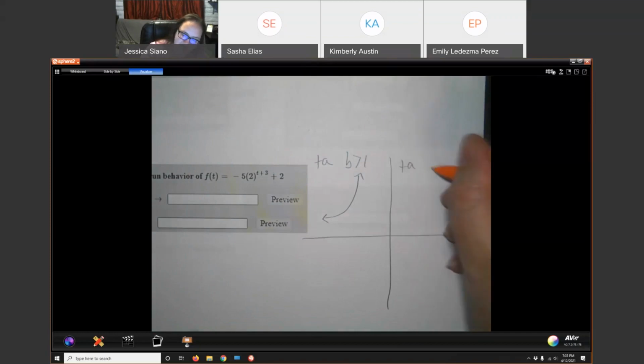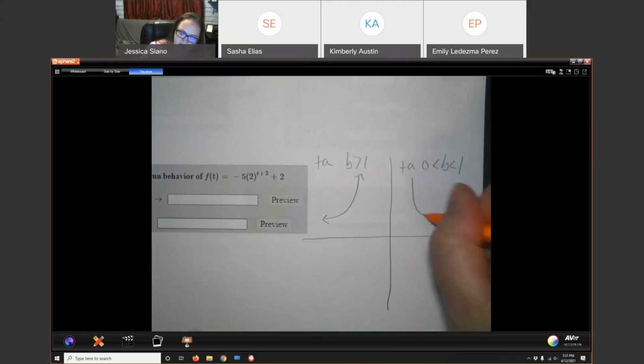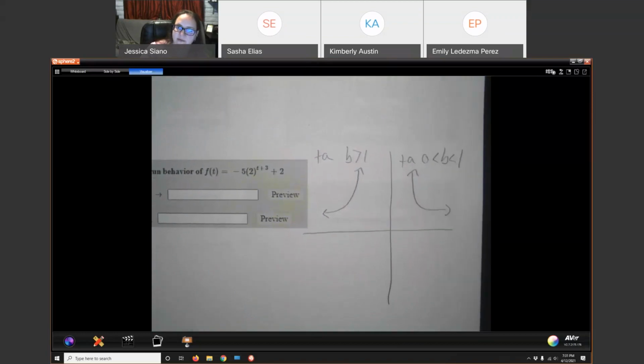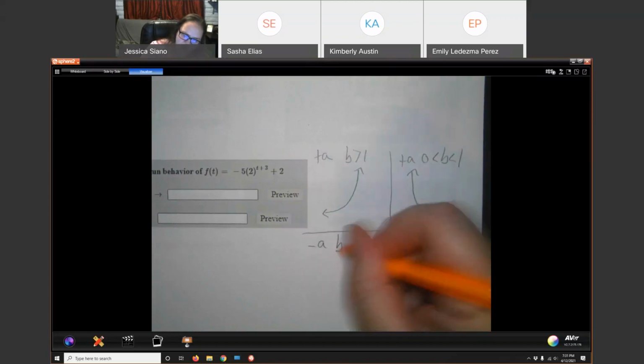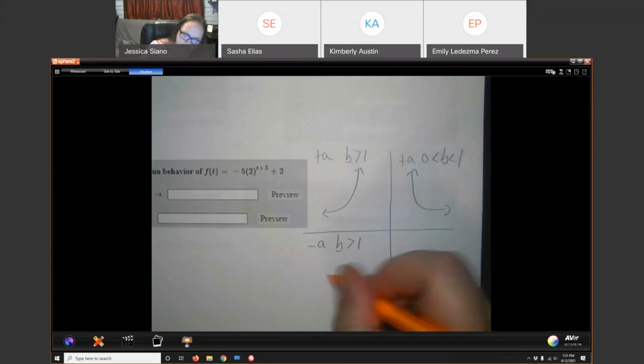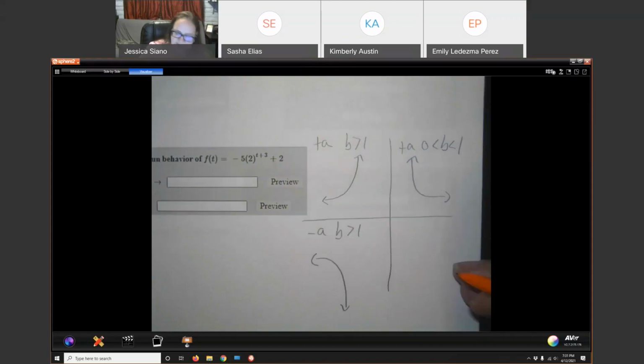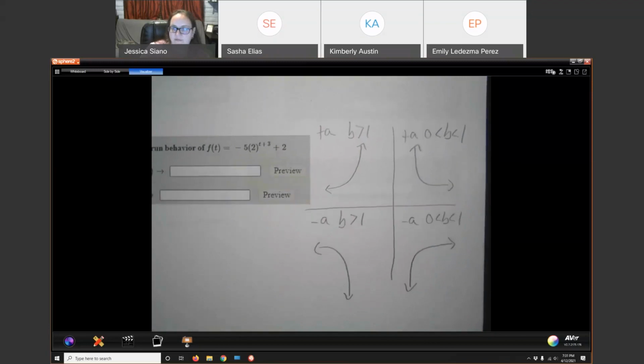If you have a positive a and b is in between 0 and 1, then your general shape looks like this. If you have a negative a and b is greater than 1, then your general shape looks like this. And if you have a negative a and b is in between 0 and 1, then your general shape looks like this. Those are the 4 possibilities for this curve.